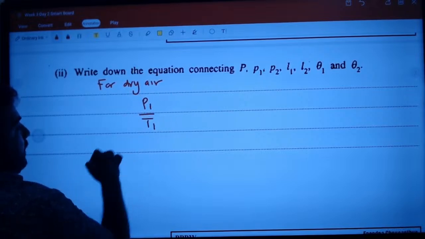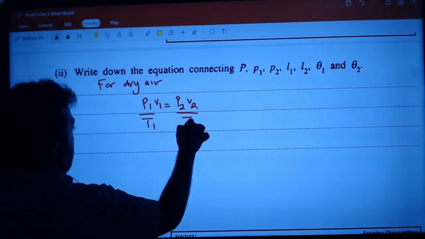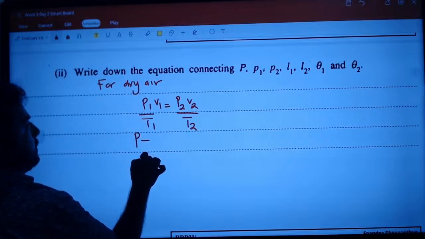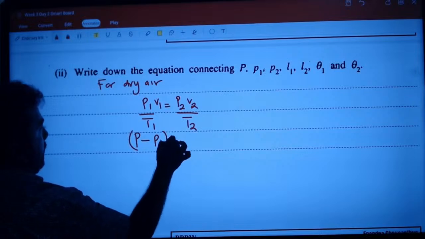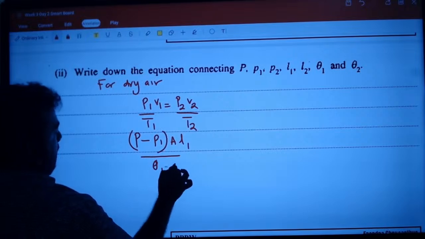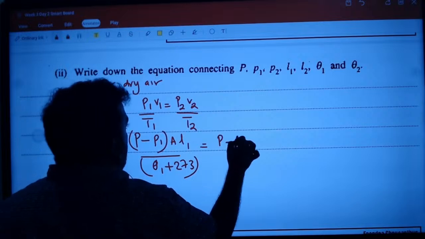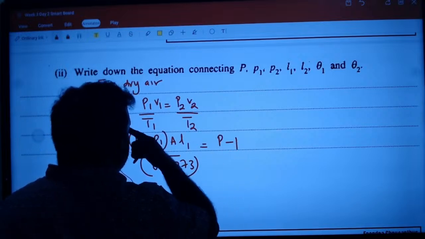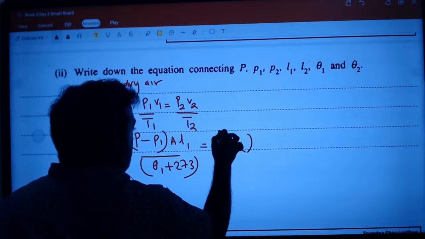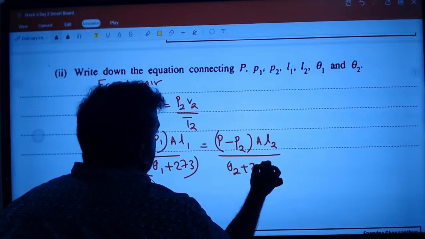P1 V1 over T1 equals P2 V2 divided by T2, right? Pressure of air is P minus P1, cross sectional area A into L1, temperature is θ1 plus 273. Here P minus P2, A times L2, θ2 plus 273.